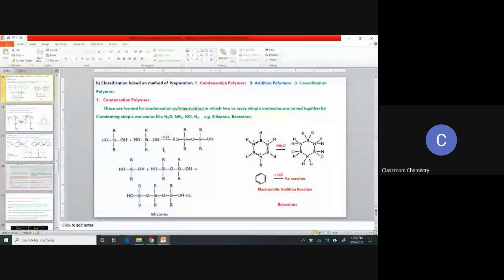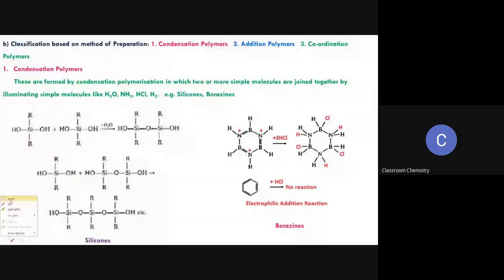Why are they called hetero? Silicones are formed by removing a small molecule: two monomeric units of silicone combine by eliminating a water molecule, forming the silicone polymer. Another silicone molecule then reacts, again a small molecule is removed, and the first, second and third silicone units attach to form a polymeric chain, with an oxygen bond between the silicons.